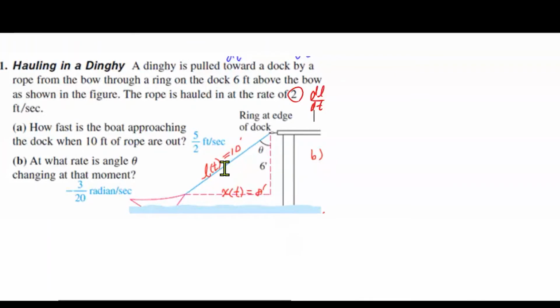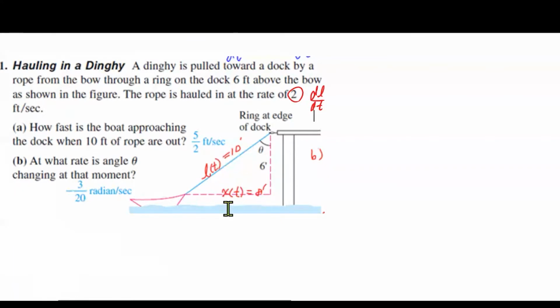Now I can use sine, which is x over L, but then you got 2 different variables, right? And theta. Or I can use cosine, which is, oh, that's nice. And I can use tangent. As you can see, sine is the worst choice right here, because you got 2 different variables.